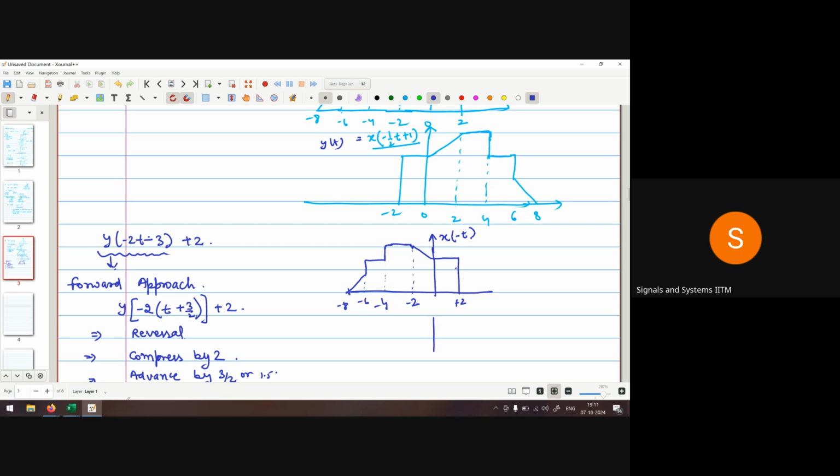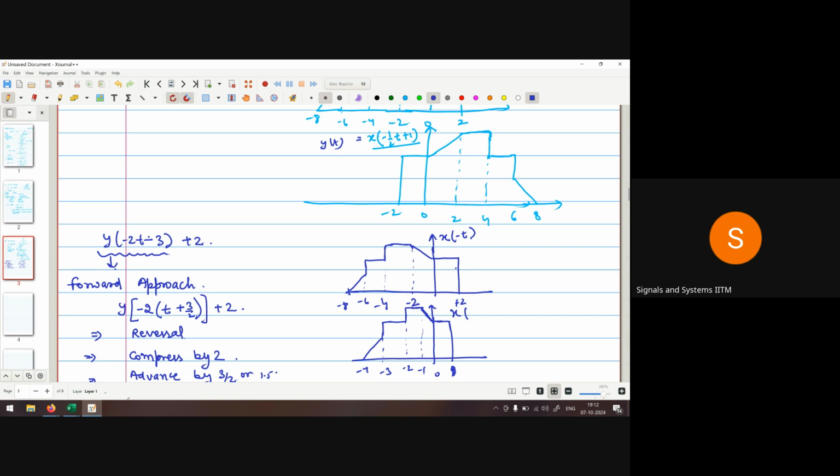Now compress the signal. So it becomes -4, -3, -2, -1, 0, and 1.